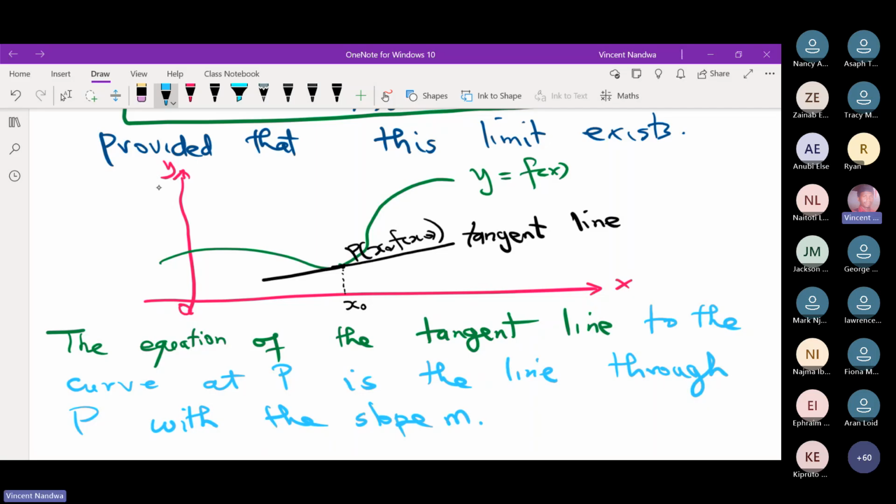So, for example, what I've drawn in this diagram, if this is an arbitrary curve y equals f of x, and this is x naught, so this point here, this line passing through this point P is what we call the tangent or tangent line to the curve at P.